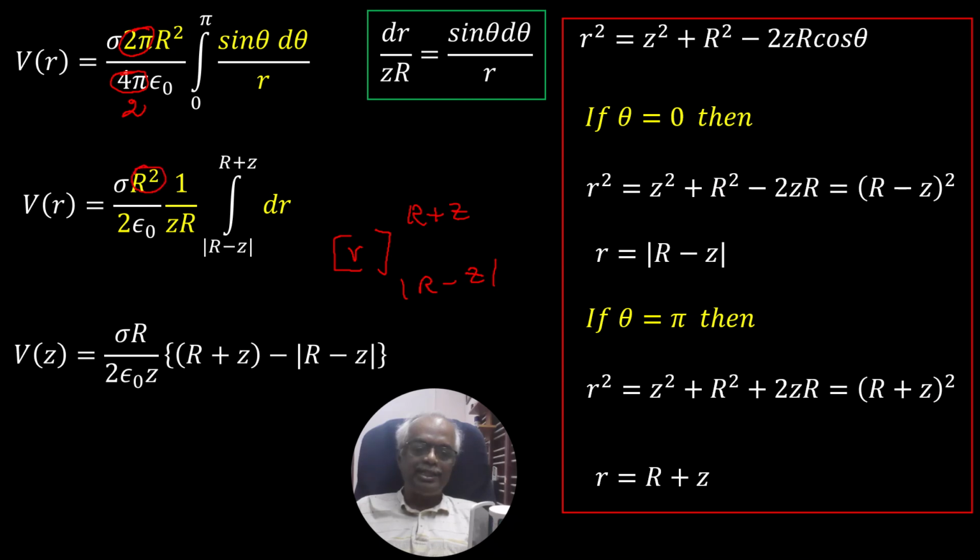R squared will get cancelled with this r, which will become r. So outside the integral, you have sigma r in the numerator, then 2 epsilon naught z in the denominator. And of course, after applying the limit, upper limit is r plus z and minus lower limit is r minus z. Then we will try to simplify this further.